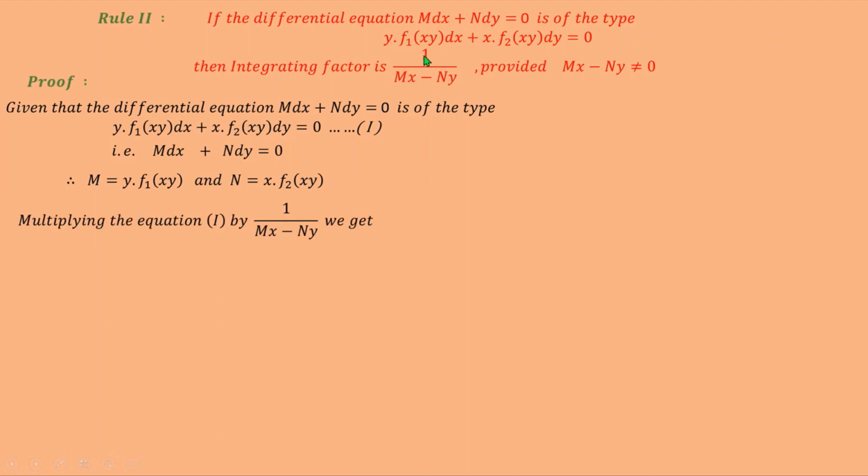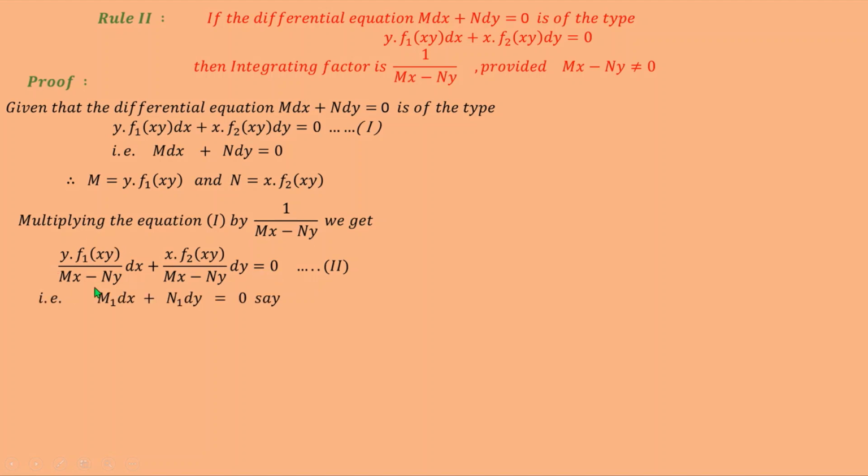To show 1 upon Mx minus Ny is an integrating factor, multiply 1 upon Mx minus Ny with the given differential equation 1. We get y into f1 of xy upon Mx minus Ny dx plus x into f2 of xy upon Mx minus Ny dy equal to 0.